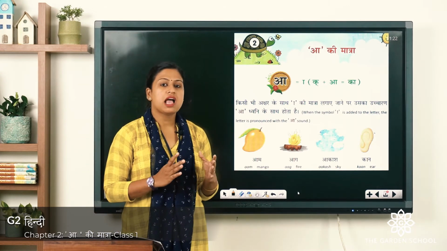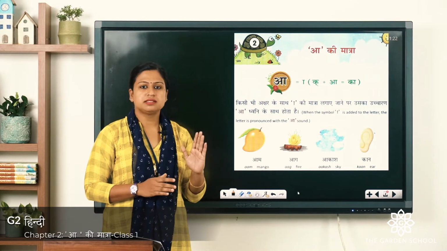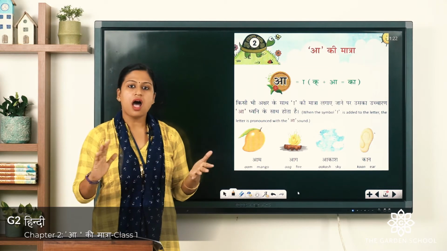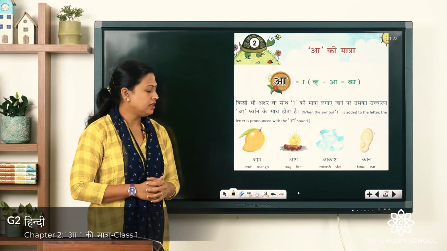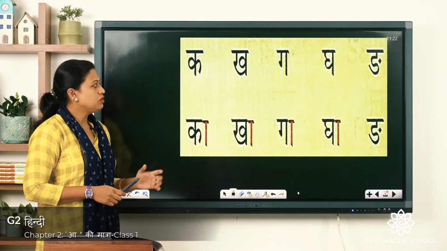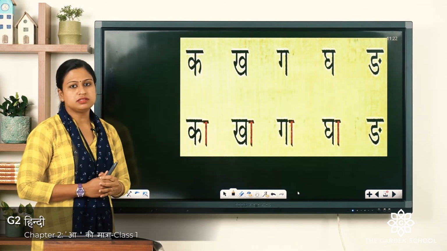So it has a kaa sound, a longer sound. It is starting with ka and ending with the Aa sound. Kaa. And the word is Kaan. Kaan means ear.